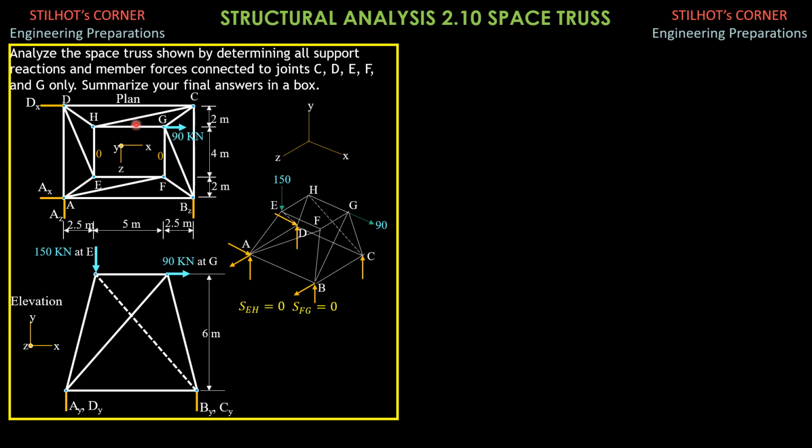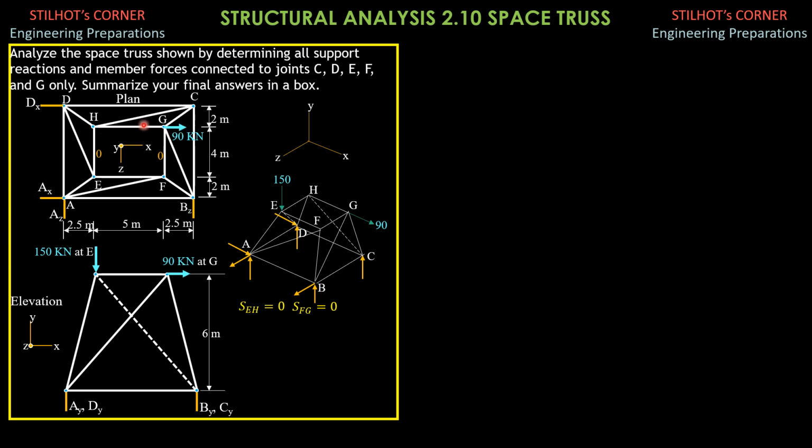So by experience, this HG here is expected to be 90 kilonewtons, and therefore by principle in statics, two forces in equilibrium may be added to any system without changing the effect of the original system, or they may also be removed because they are in equilibrium.